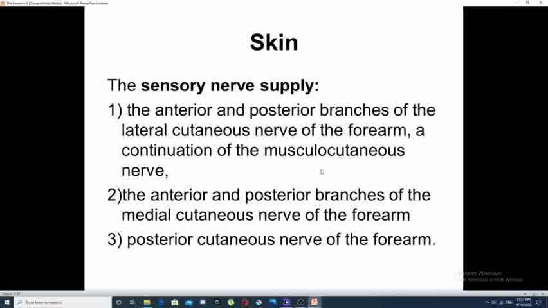Skin of the forearm is supplied by sensory nerves from the following branches. First, anterior and posterior branches of the lateral cutaneous nerve of the forearm, which is a continuation of the musculocutaneous nerve.